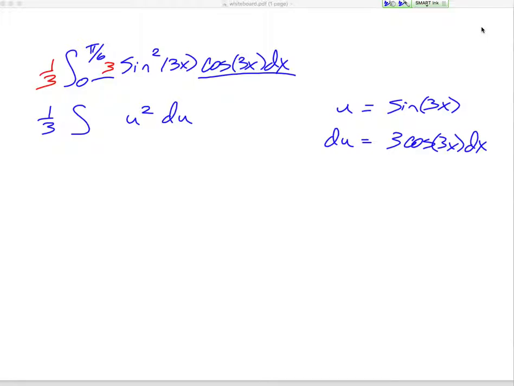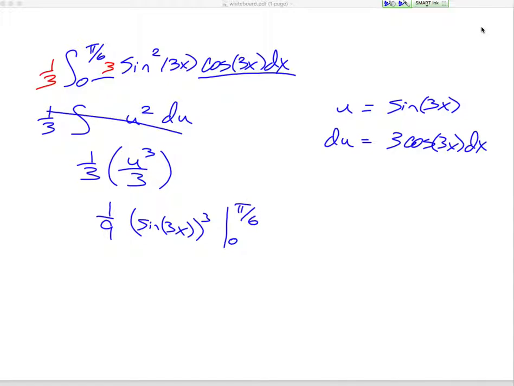And then you can integrate it. Now I can integrate. So this gives me u cubed over 3 with the 1/3. Then you plug in u. I can't cancel, I can multiply. So I have 1/9, and then I plug in sine of 3x cubed.